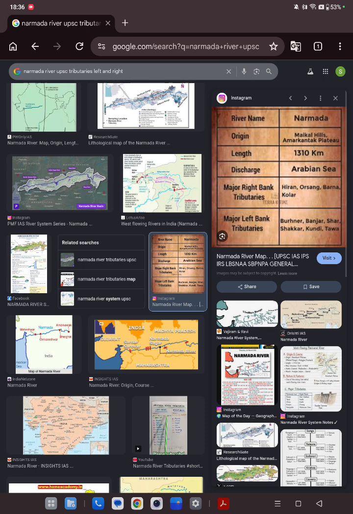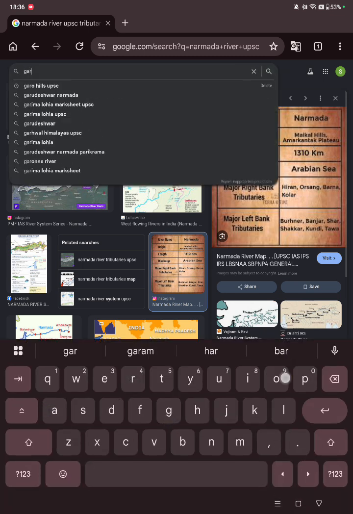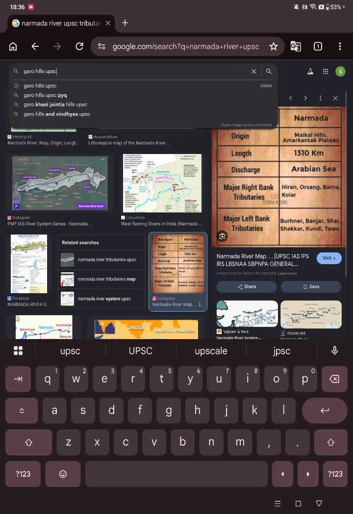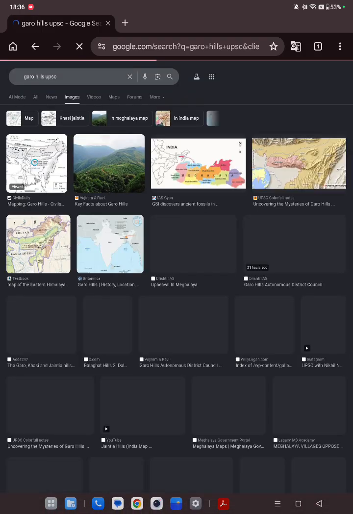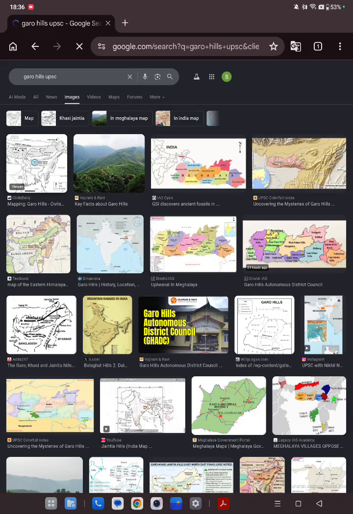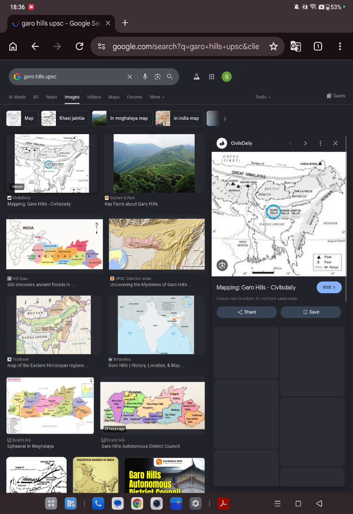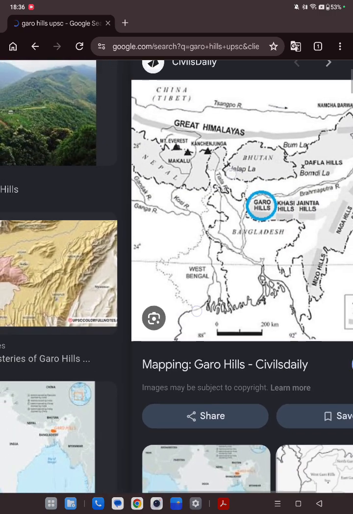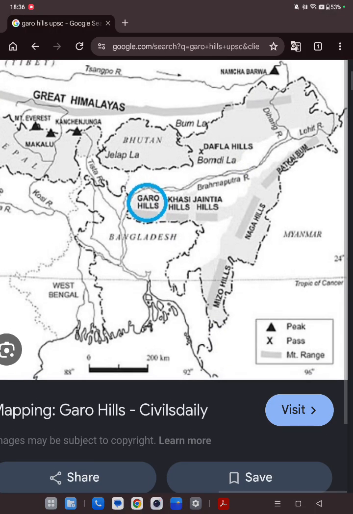So just search Garo hills UPSC. See this, you can see the image. Now the Garo hills, you have the Khasi hills and nearing the Jaintia hills.